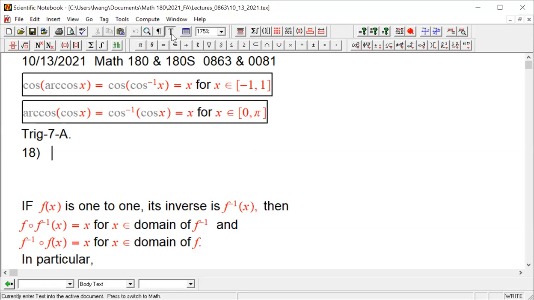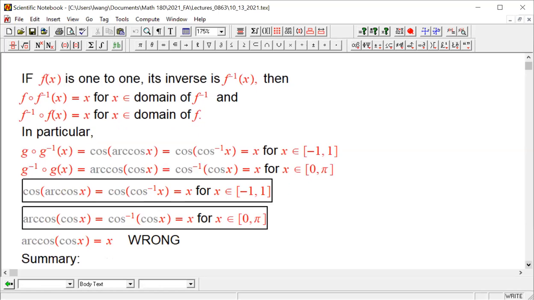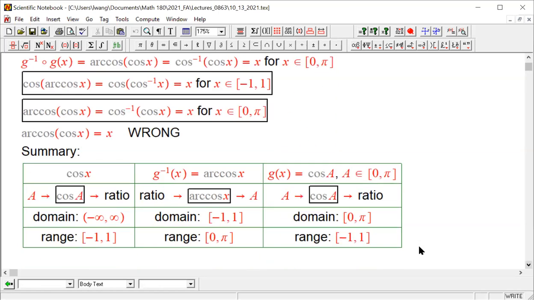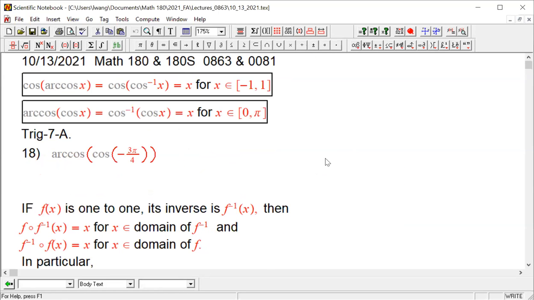In 18, we have a situation of ArcCosine of the cosine of negative 3 pi over 4. Whenever we see ArcCosine, what's the purpose, what is the usefulness of knowing the domain and range of all these functions?